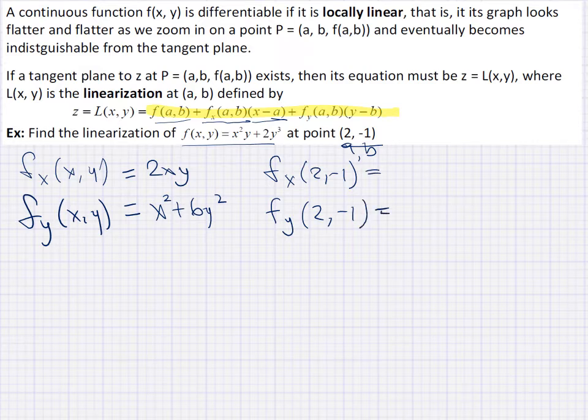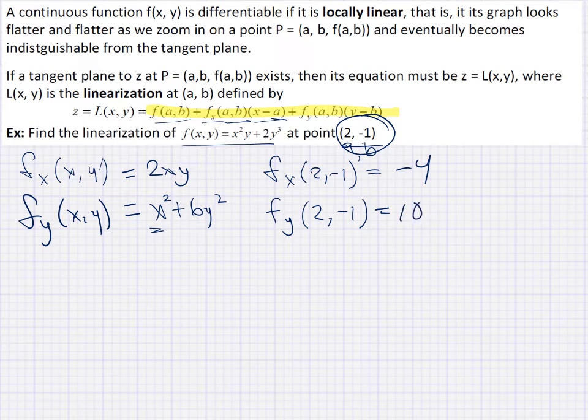At this particular location, we need to know the specific derivatives, the slopes in either direction at that specific point. So that would be f of x equals -4, and f of y at 2, -1 would be 4 plus 6, so 10.